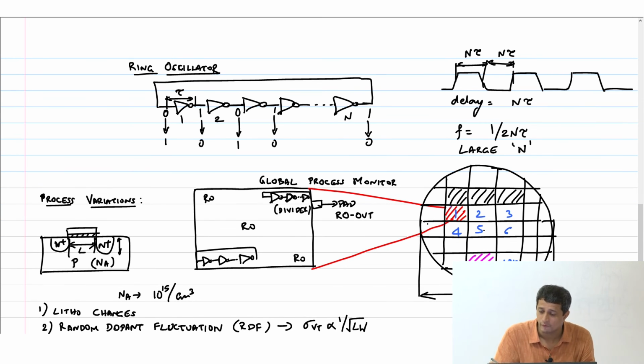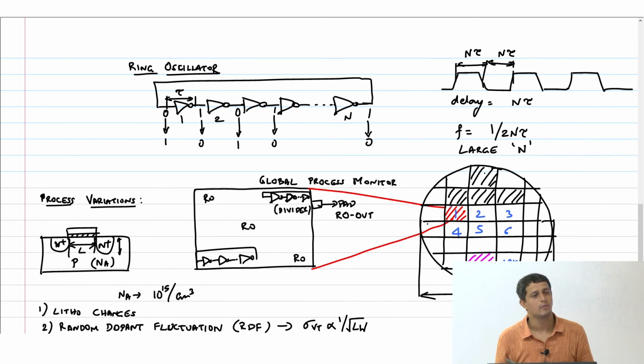So for example, the fab cannot say, look, I will use this one particular chip to figure out if my process is correct or not. That's too expensive. You're wasting very expensive real estate space. Also, by monitoring just one corner, it's not going to help. I need to monitor it everywhere, right?